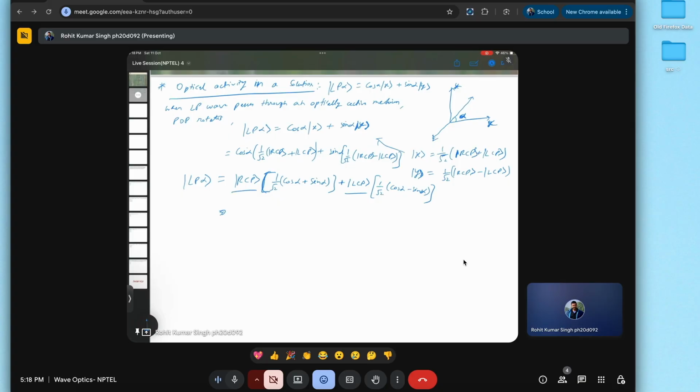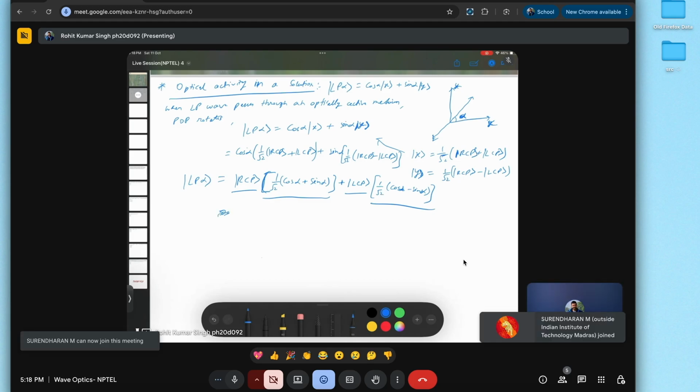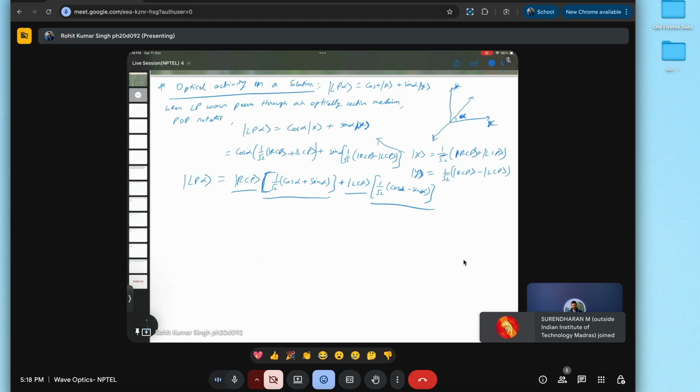Okay, and these are what you call components. This is a constant, so it doesn't matter. What is important is that a linearly polarized wave can be seen as a linear combination of right circularly and left circularly polarized waves.